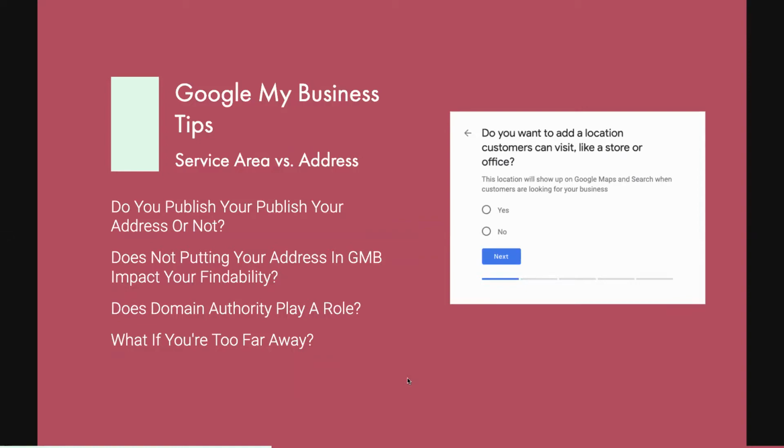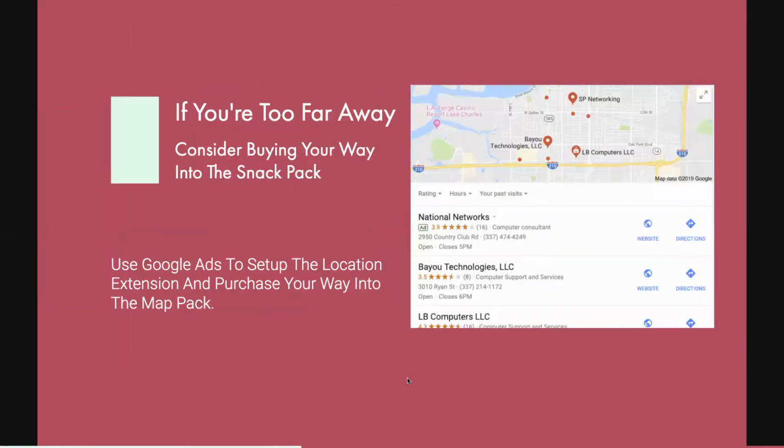So one of the easy cheats, if you are too far away, is to buy your way into the snack pack. So for those people that have a little bit of experience with Google AdWords, you can actually set up a location extension in your AdWords. And if you see here on this example, right here on this first listing, it has Ad right next to it. So this person here is paying for that spot.